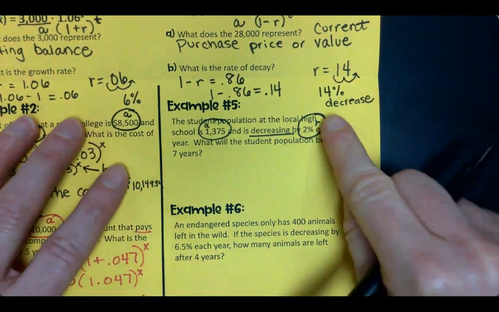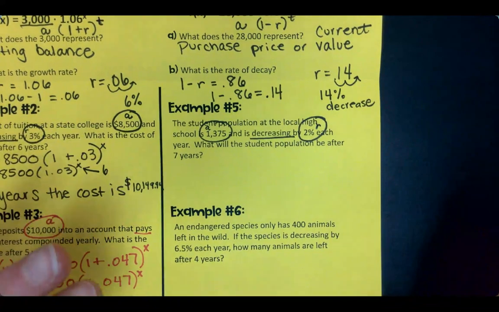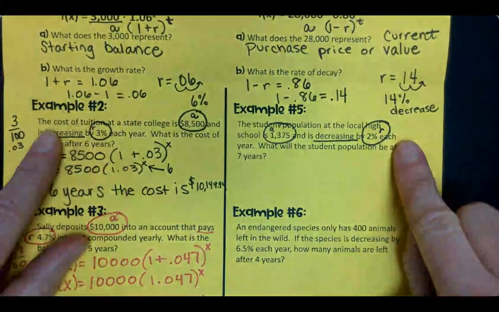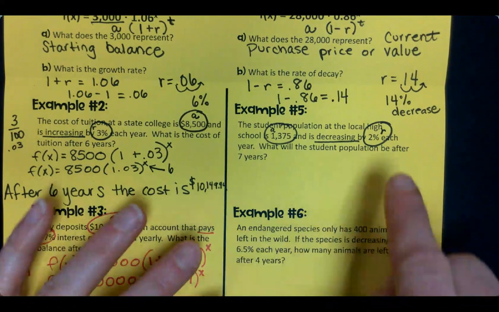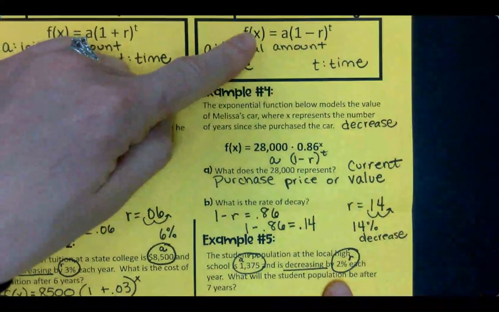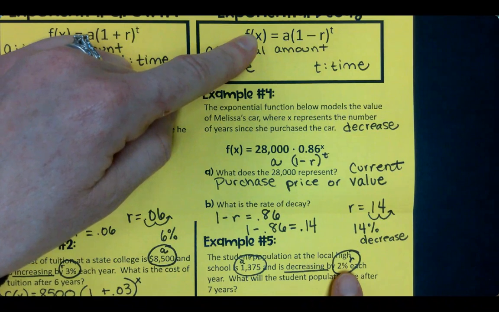You're going to have to pay attention to how we use this in our equation. Because when we add it, it just kind of makes sense. But subtracting it, it's a little bit more confusing. So pay attention. Here is our equation. If it's decreasing, we're going to do 1 minus the rate.